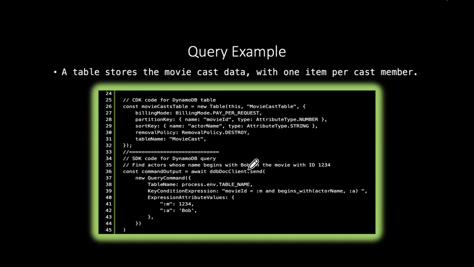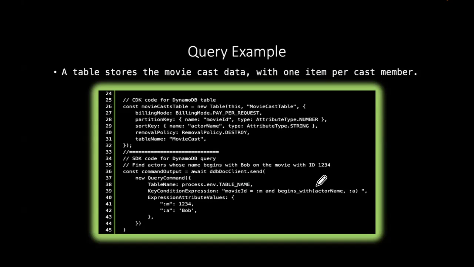Movie ID equals, this is just a placeholder, colon M. And colon M gets its value down here. Now I'm hard coding it here, but usually you'd have some sort of variable here. And it's the equals operator. It always has to be the equals operator with the partition key part of your primary key.